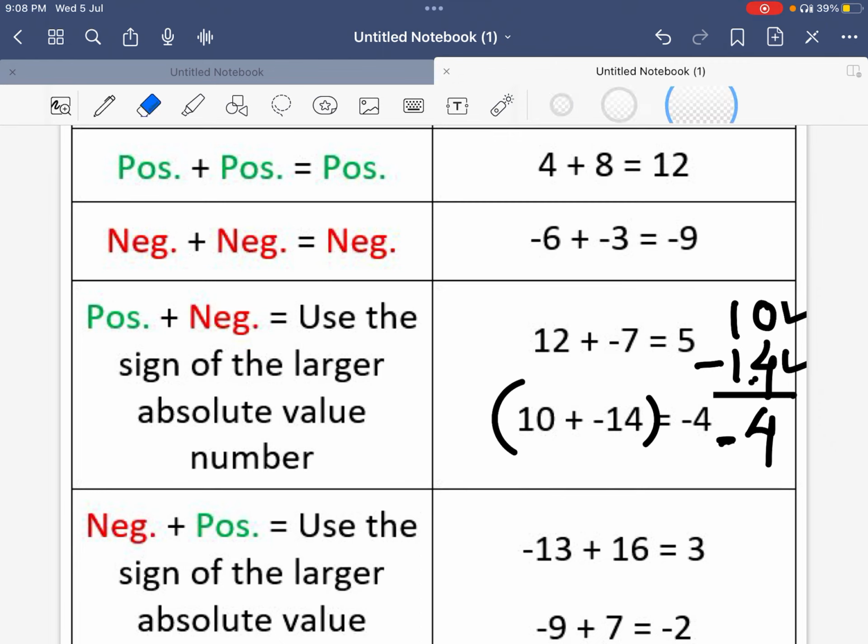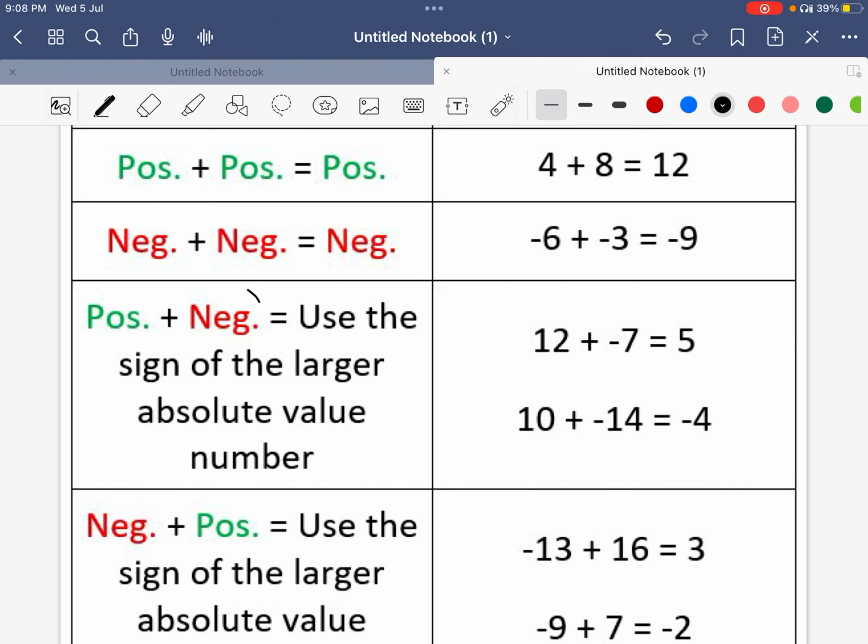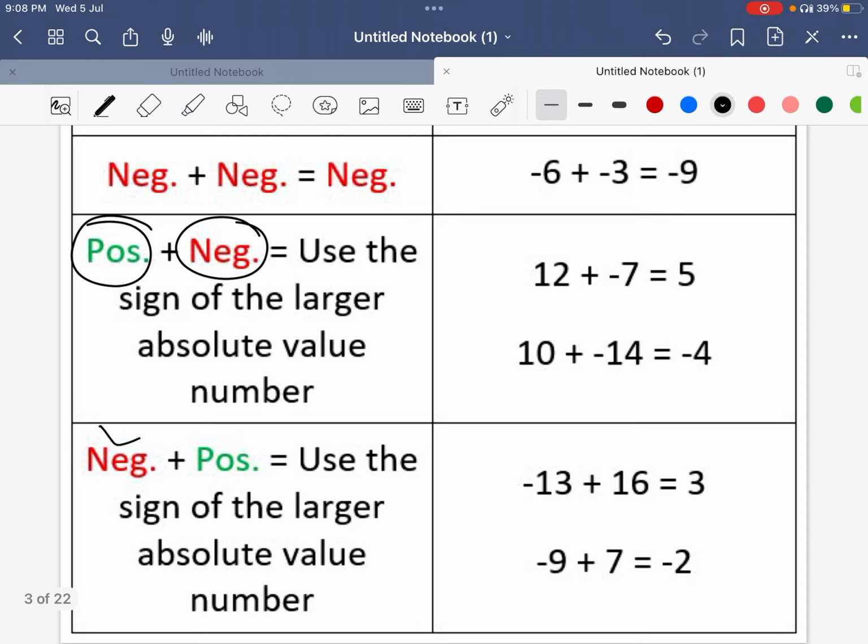Similarly, there are various types of examples that we are solving on the next page. Let's solve some examples where one number is negative and another number is positive. The same process applies over here, and always keep in mind that if our signs are different, then take a subtraction of these numbers and put the sign of the larger number.